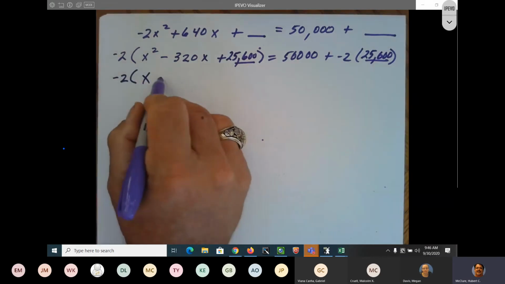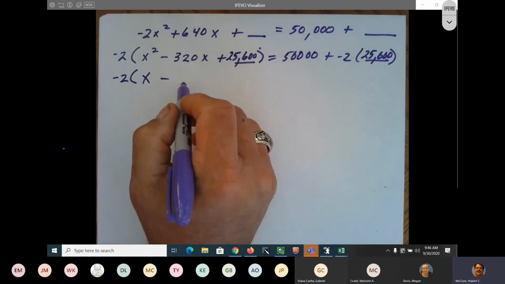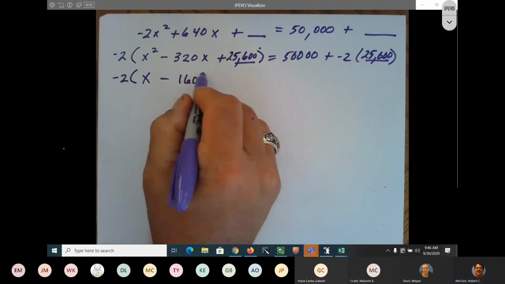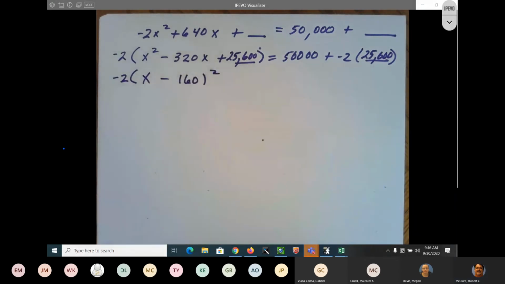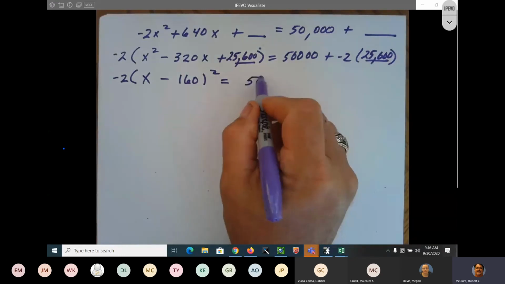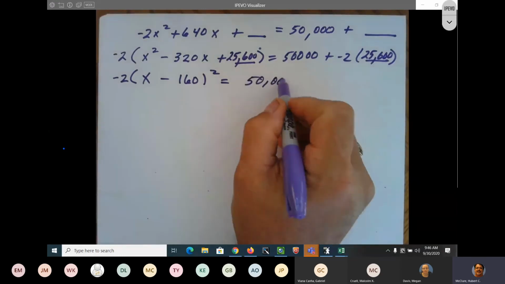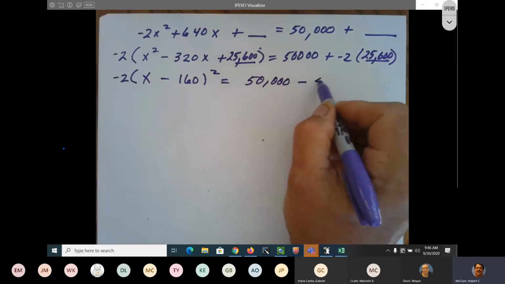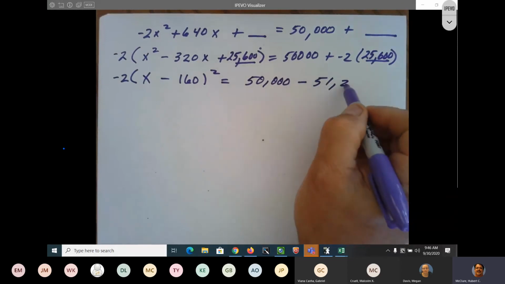x minus 160 quantity squared equals, well, let's see, 25,600. I think that's going to be 51,200, isn't it? So that's going to be 50,000 minus 51,200.